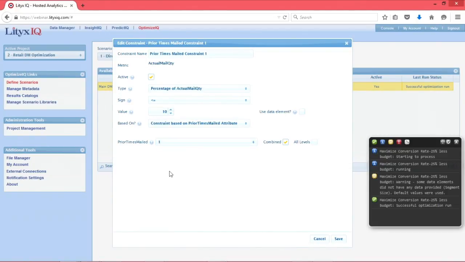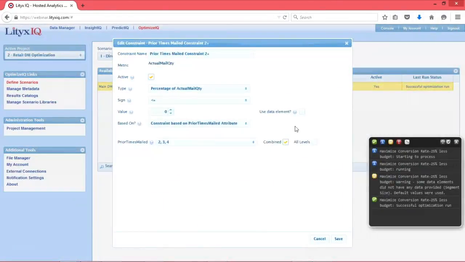For that subset, I call this an attribute in the solution here, for that subset of people who were mailed one time before, they cannot represent more than 10% of the actual mail quantity. So we're allowing some people, probably the strongest prospects, to be mailed multiple times in a quarter, but I'm limiting that.